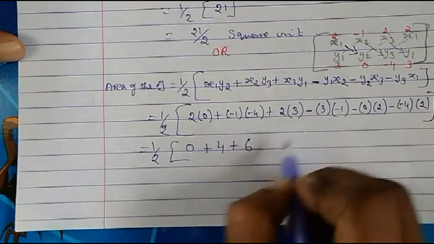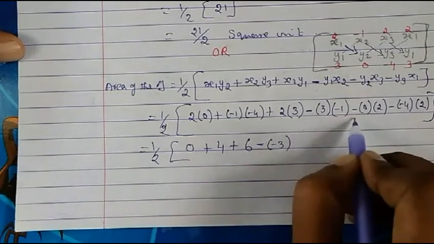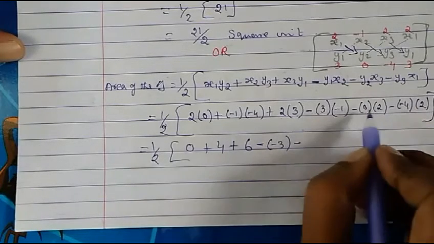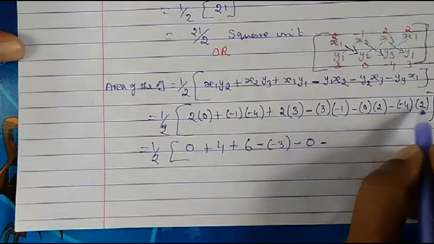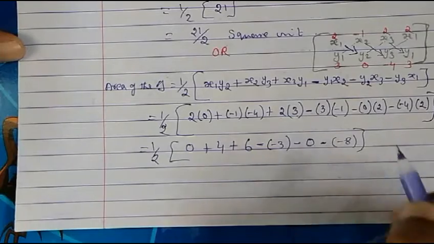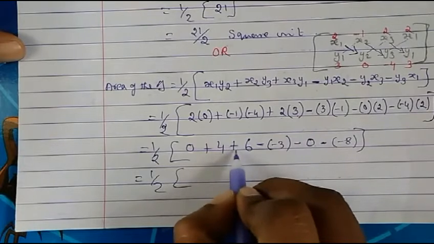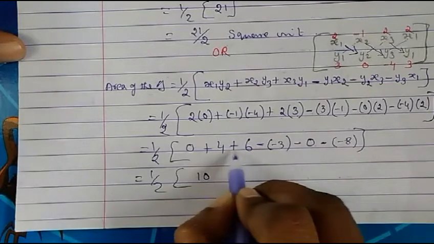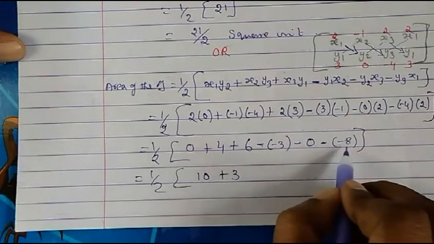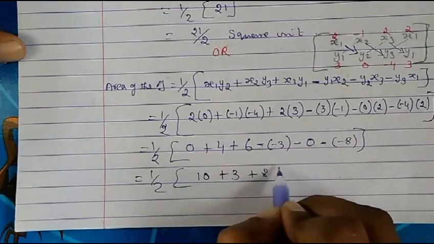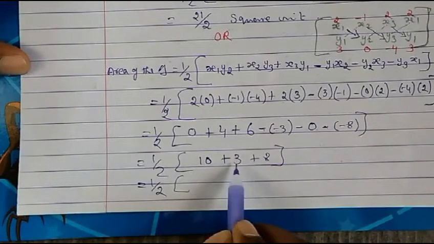Minus into minus will become plus 4, plus 2 threes are 6, so 4 plus 6 will be 10. Minus 3 times minus 1 gives plus 3, then 0 into 2 is 0, and minus 4 twos are minus 8, minus into minus becomes plus 8.